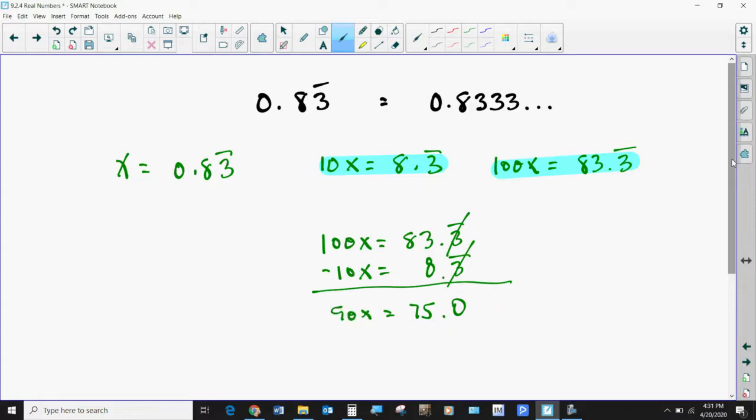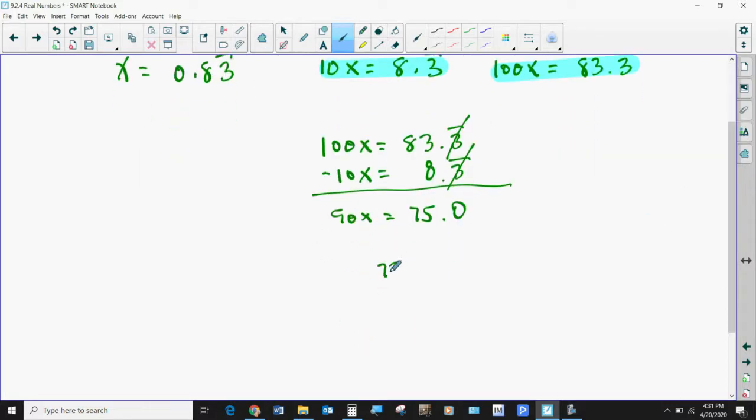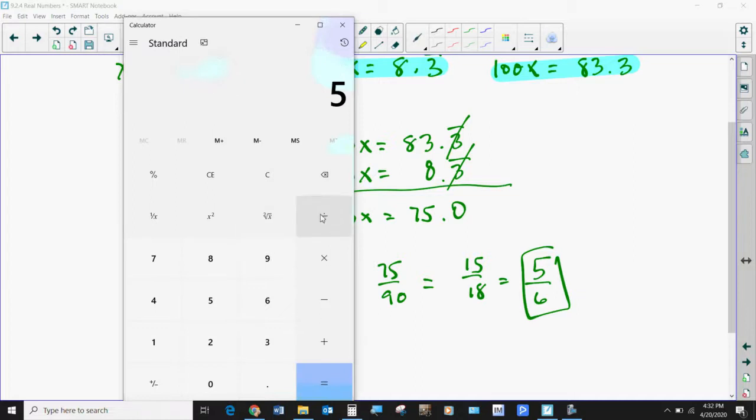So we end up in a situation where our answer is 75 over 90, which simplifies down to 15 over 18, which simplifies even further to 5 over 6. So is that repeating decimal equivalent to 5 over 6? I think it is. Let's take 5 divided by 6, and it is.